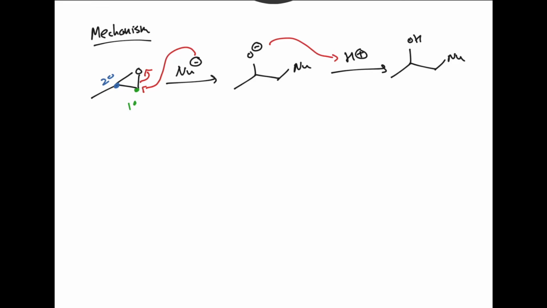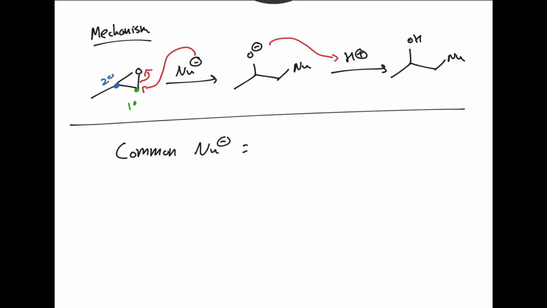Of course, there's always one sketchy part of it. There's always one outlier. So what are our common nucleophiles? Let's get rid of just the generic nucleophile minus. Again, these are going to fall right in line with the things you would expect from an SN2 reaction from organic 1.